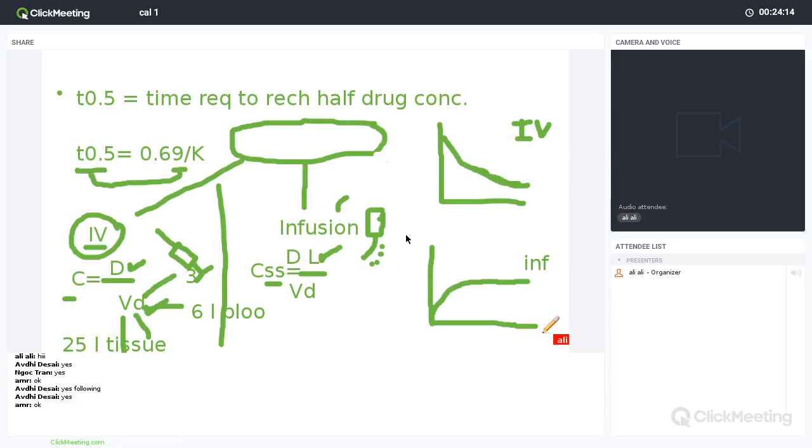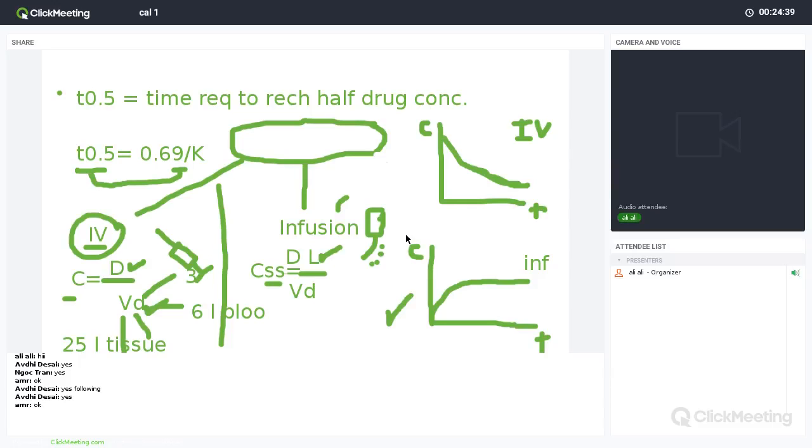Okay, here is time, as we always said, and here the concentration. Now, what is the aim of the intravenous infusion?